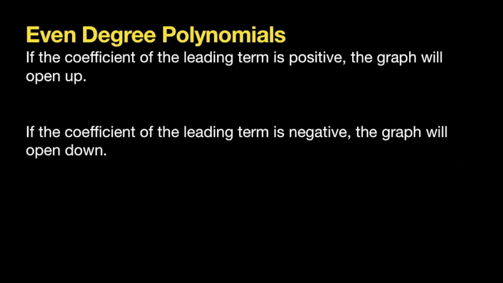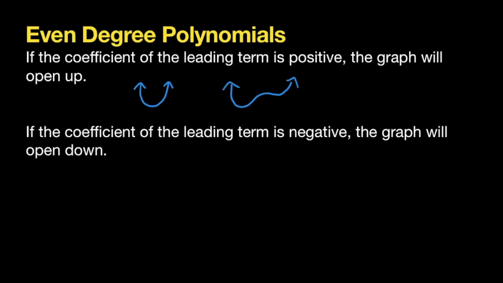If we have an even degree, and now we're going to be paying attention to the coefficient. If the coefficient is positive, then it's going to open up. So we may end up with a graph that looks like a parabola going up, or you may end up with something a little closer to that.